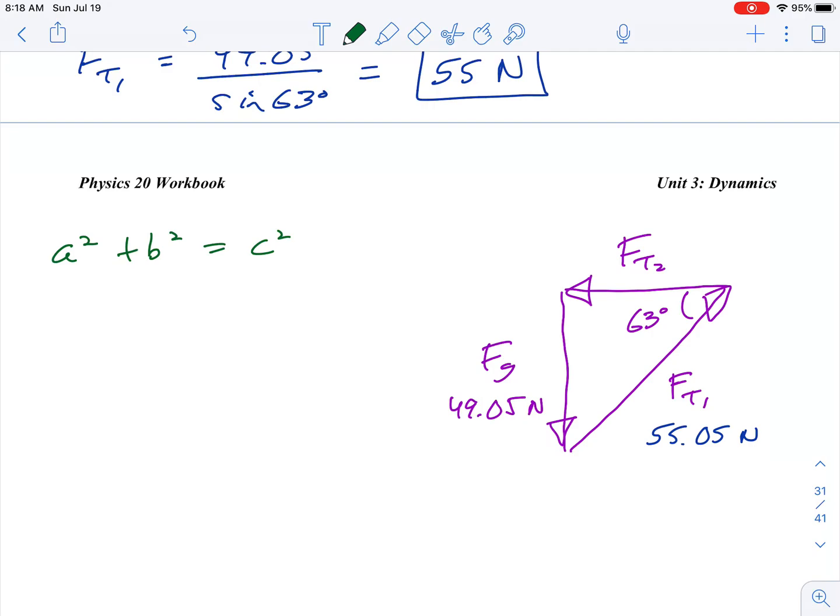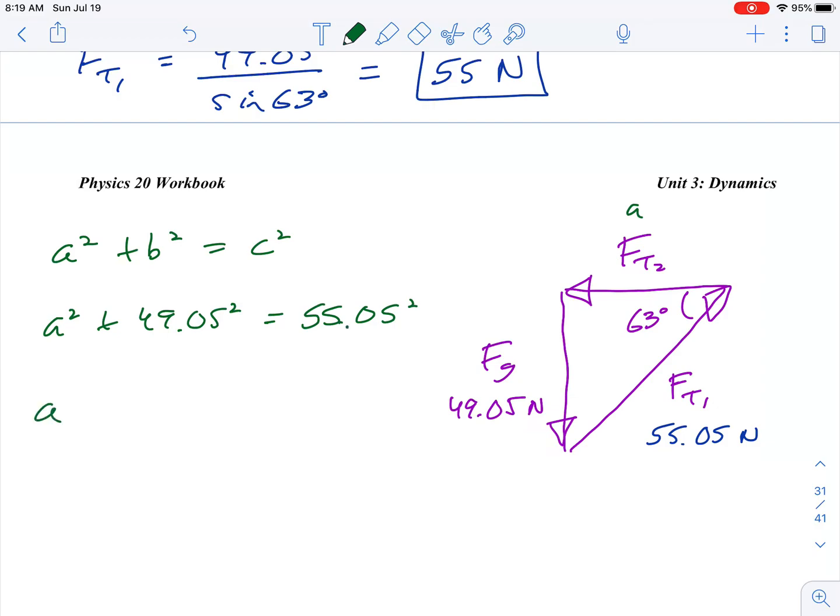If we call Ft2 a, then a squared plus 49.05 squared will be equal to 55.05 squared.